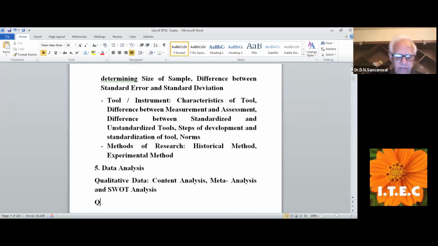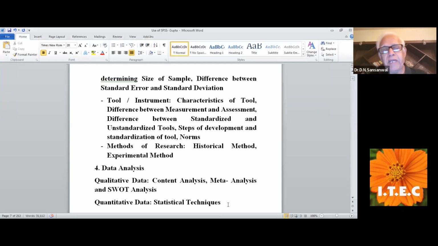Now, if you have quantitative data, then of course, you must know that it can be analyzed with the help of the statistical technique. And your statistical techniques are parametric statistical techniques, as well as the non-parametric statistical technique.